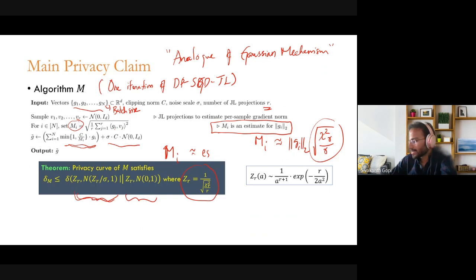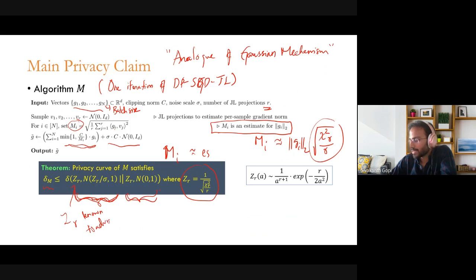Let's try to understand what this thing is. It's saying that the privacy curve is upper bounded by this privacy curve, where the adversary is trying to distinguish between these two distributions. The distributions are as follows. You first sample ZR from a known distribution, and ZR is known to the adversary.